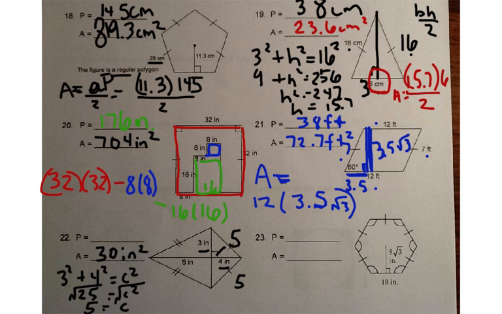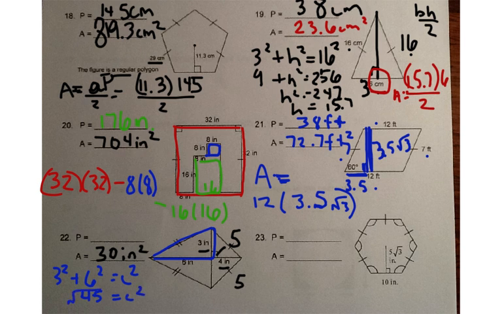We also need to use Pythagorean theorem to find the missing length on the hypotenuse of the triangle right here. So we're going to say 3 squared plus 6 squared equals c squared. So that's going to be 45 equals c squared.